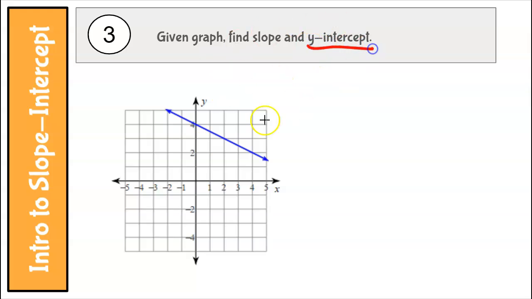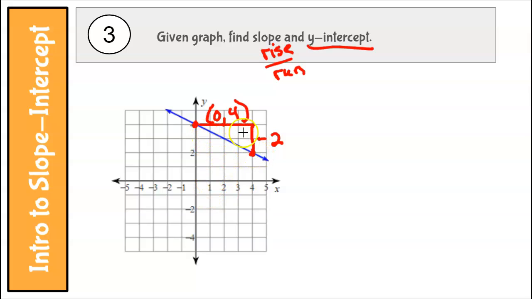Let's start with the y-intercept. The y-intercept is 0, 4. And the slope, rise over run. I'm going to run first. So 1, 2, 3, 4. Run 4, rise 2. Notice how I went down 2? I almost always run to the right unless I can't fit that way on a graph.